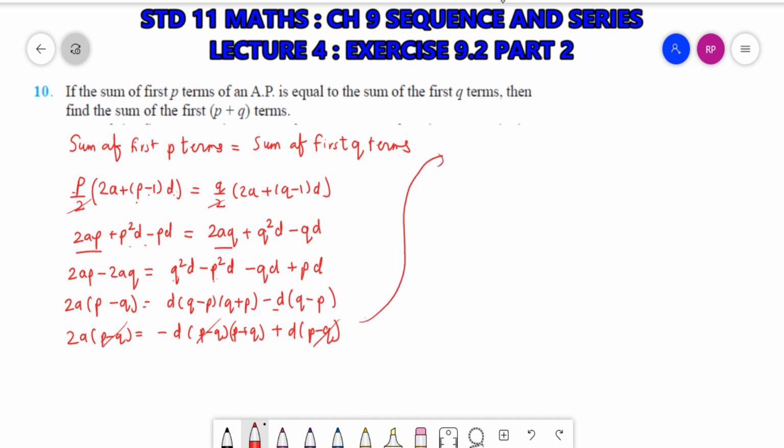Okay, so 2a will be equal to minus d into (p plus q) and plus d. So I can have d minus d into (p plus q). Okay, I can take d common. So it's d into (1 minus (p plus q)), or d into (1 minus p minus q).